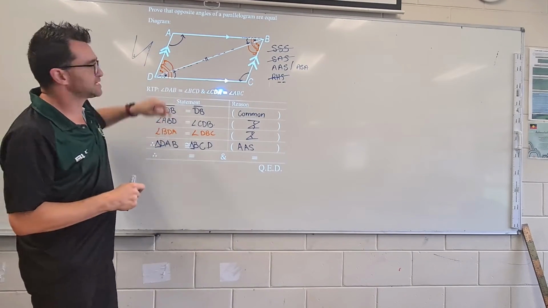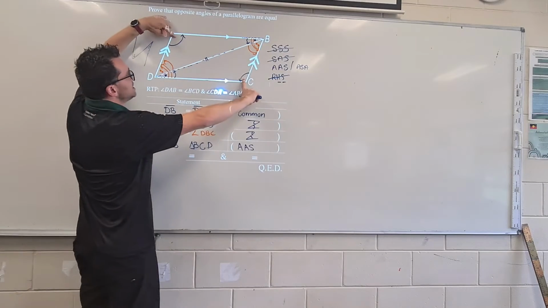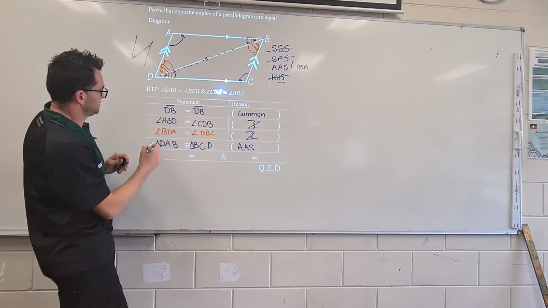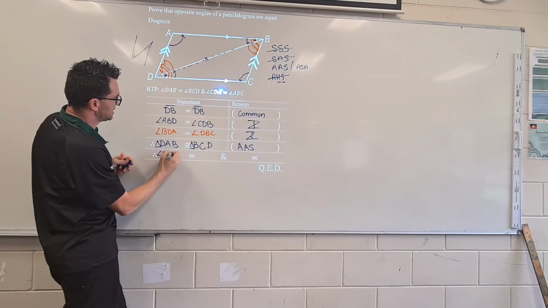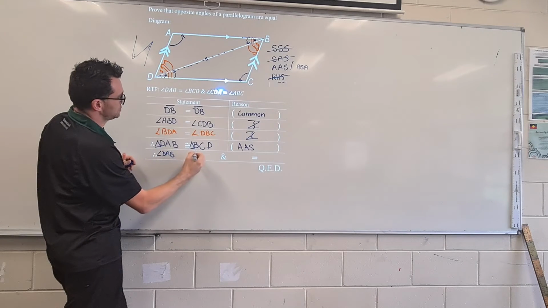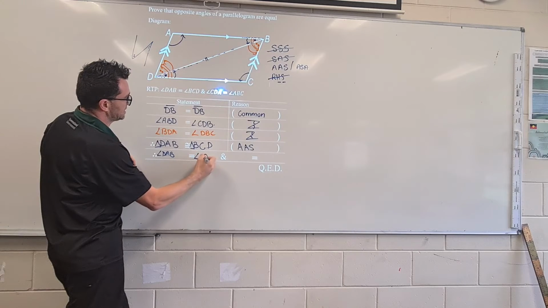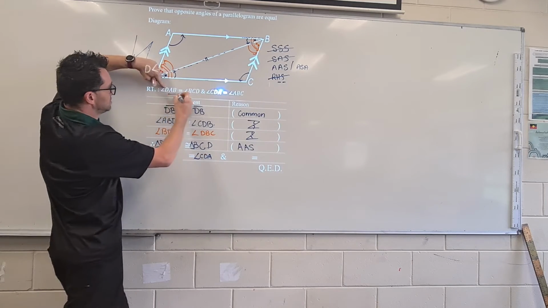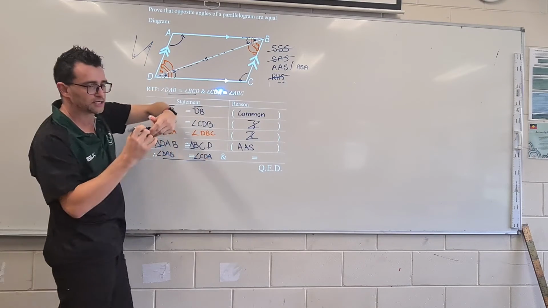So now, because these are congruent triangles, we know that these two angles are equal. So we can say that angle DAB is equal to angle BCD. Note that these two statements here need to match.